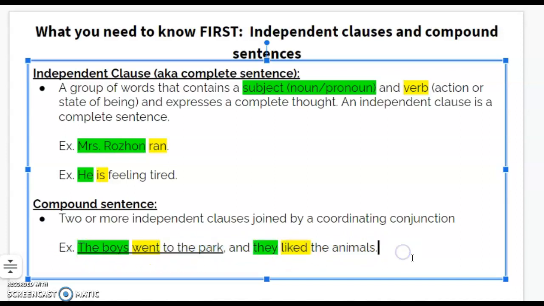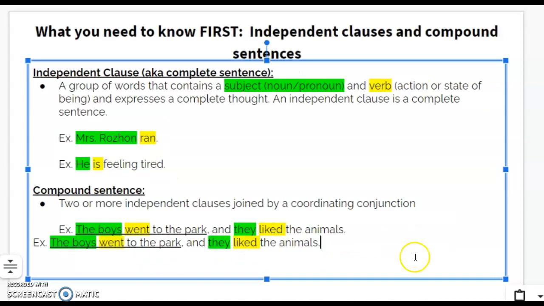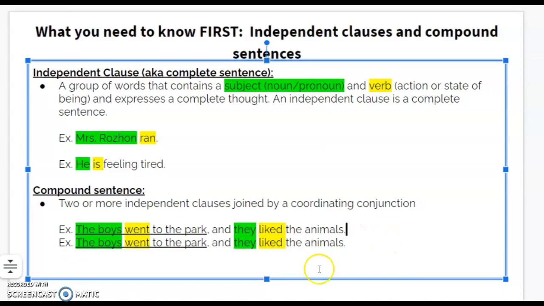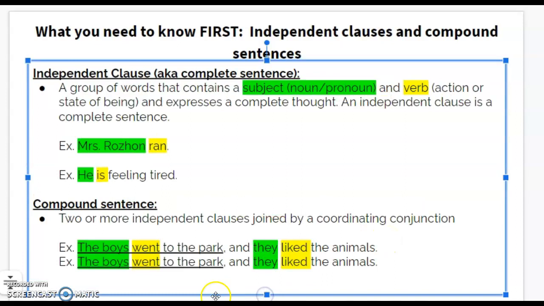What's interesting is I can also briefly show you how to use a semicolon with the same example, which I don't want to get into too much, but it's the perfect opportunity. So if I wanted to, I have two sentences. Technically I could delete this and we would have two sentences, right? The boys went to the park.